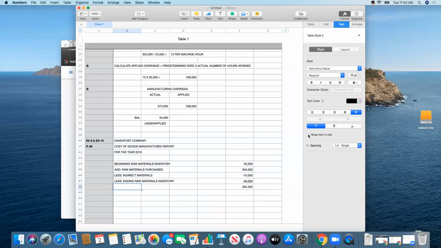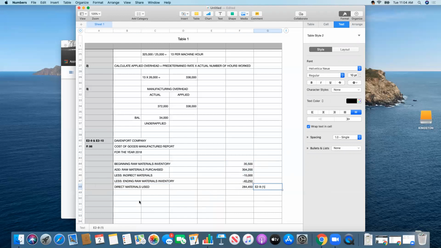And that is the direct materials used. Okay, so you can use that to answer E2-9, part 1. That's the answer to exercise 2-9, part 1.